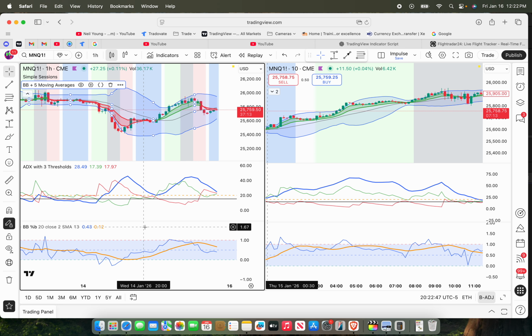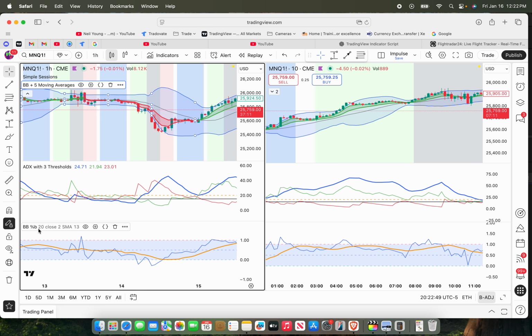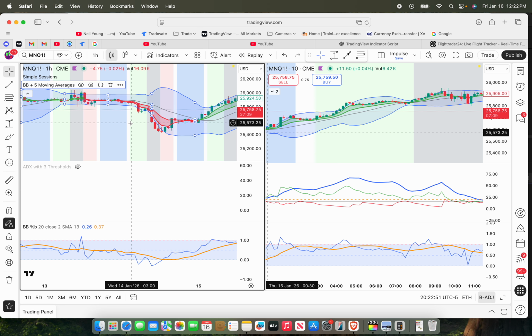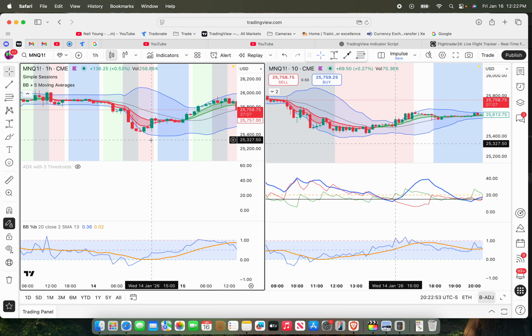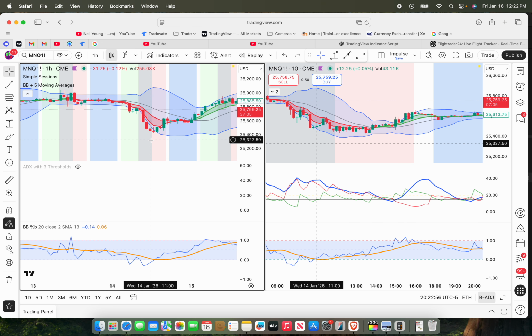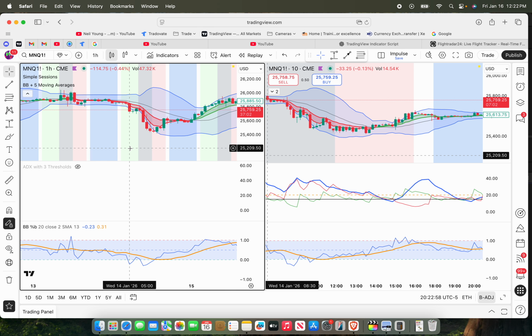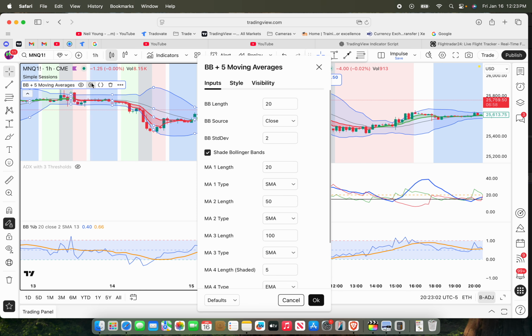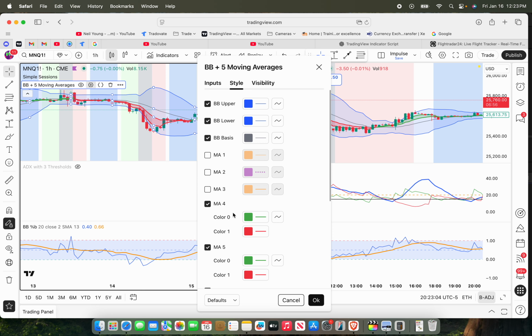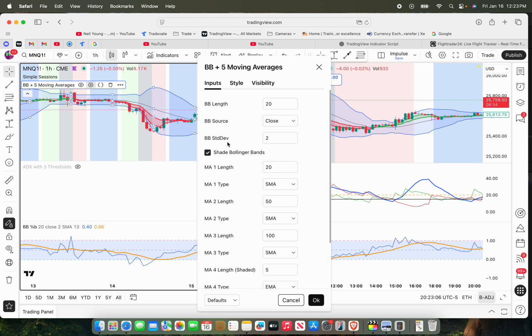Just quickly while I'm here, let me just turn off this ADX for a second. What's his name? Bollinger? I forget his first name. Anyway, I just need to explain this quickly. One of my strategies is a breakout trade, and it is not using standard deviation of 1, but of 2.